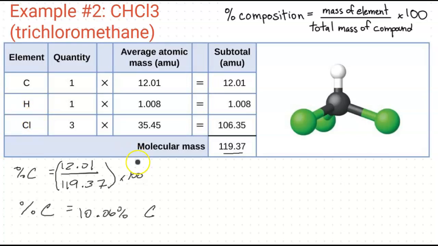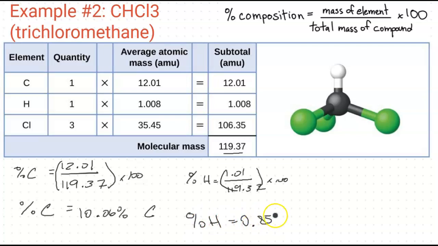I'm going to do the same thing for hydrogen, and I'm going to do the same thing for chlorine. So my percent hydrogen is going to be 1.01 divided by 119.37. Take that value times 100. Sorry, got a little messy, got a little small. Okay, my percentage of hydrogen is very small. It is actually 0.85% hydrogen.